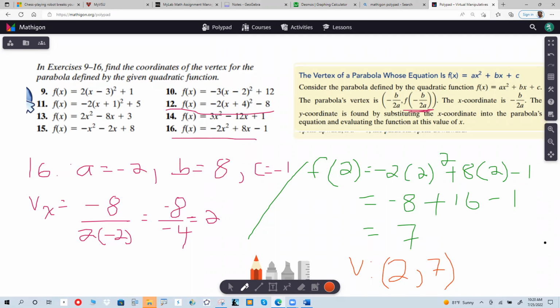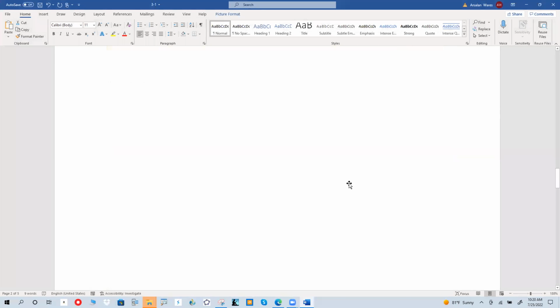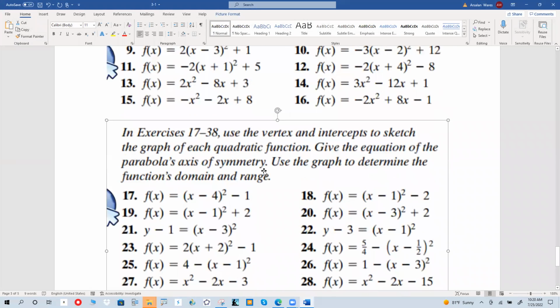Okay, moving on, just a few more. Okay, I think the next set, this is the last one. Let's see what they say. Use the vertex and the intercept to sketch the graph of each quadratic function. Give the equation of the parabola's axis of symmetry.